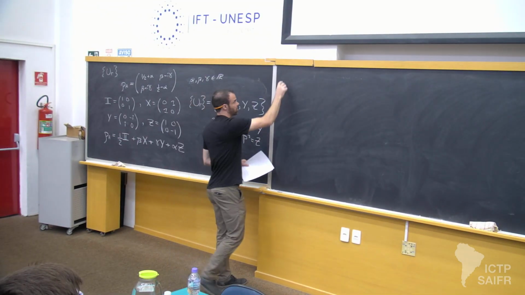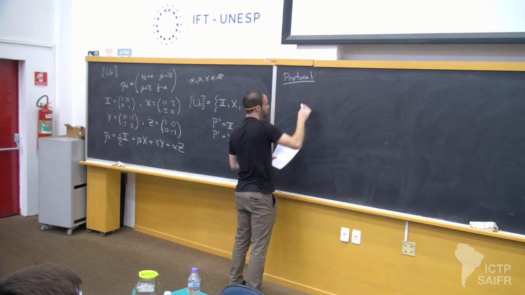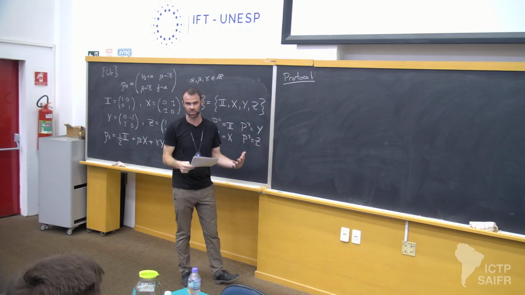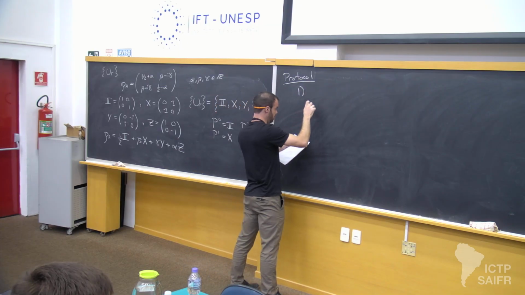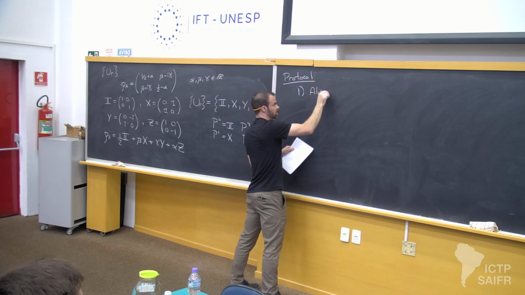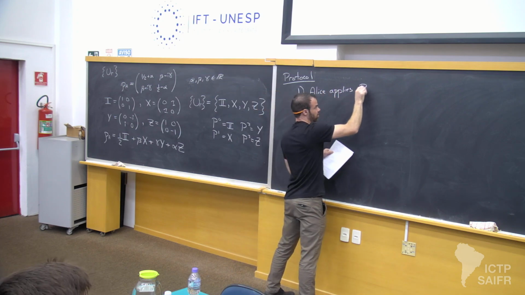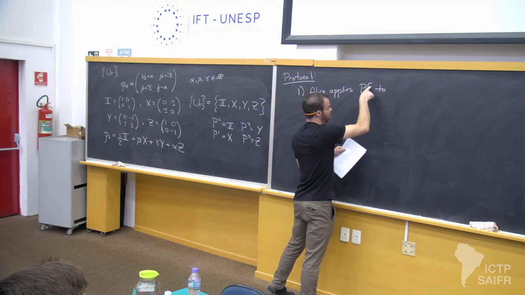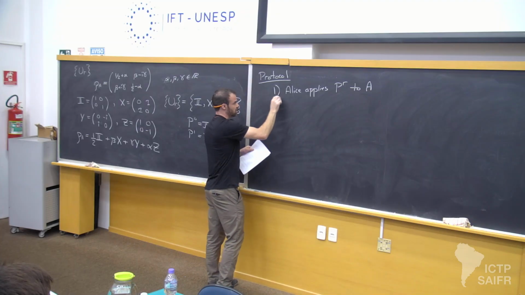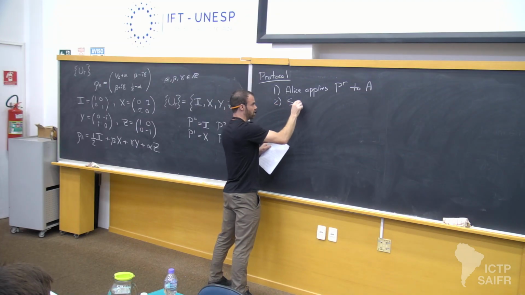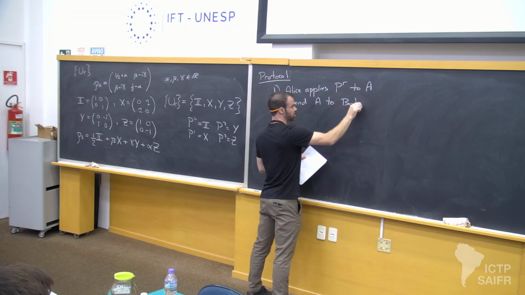Good. Okay, so we have another protocol. This is now the quantum one-time pad, the protocol for the quantum one-time pad. It's 3 steps again. So Alice is going to apply the R Pauli matrix, P_R, to the system A. Then she's going to send A to Bob over the public channel.